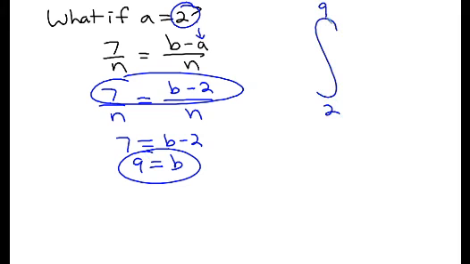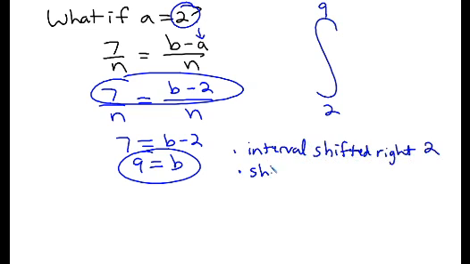But we need to shift the function right, okay? The interval was shifted right 2, so we need to shift the function right 2.